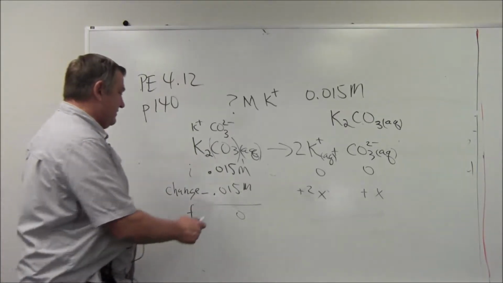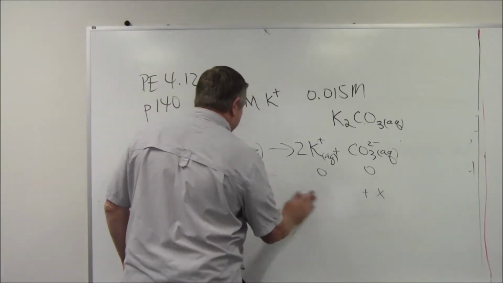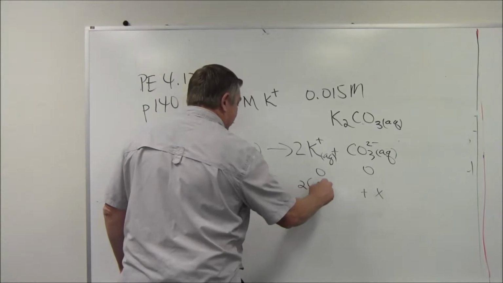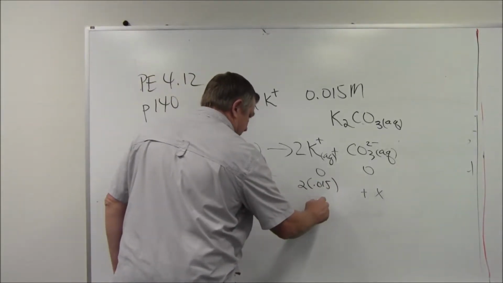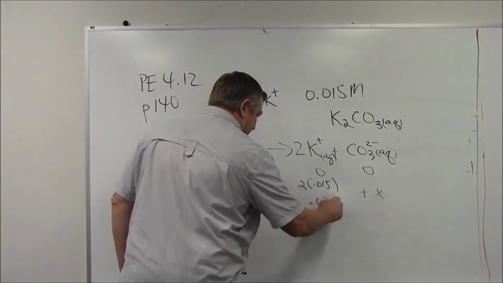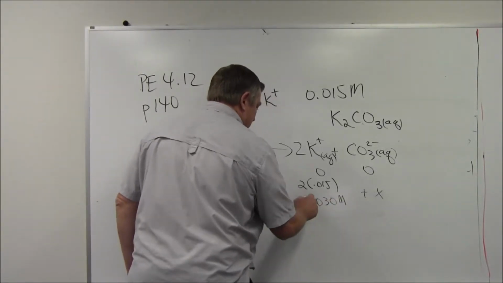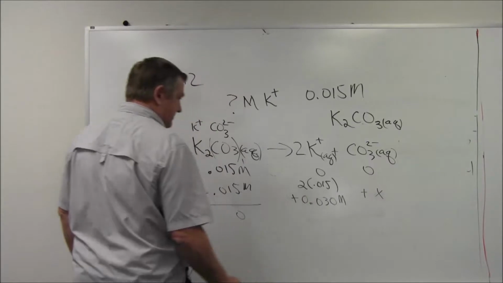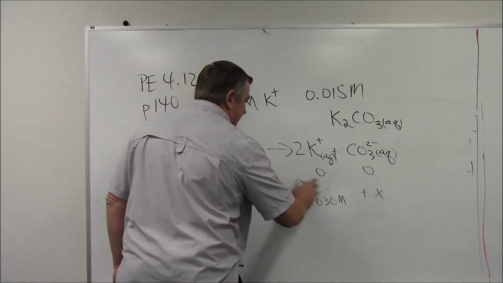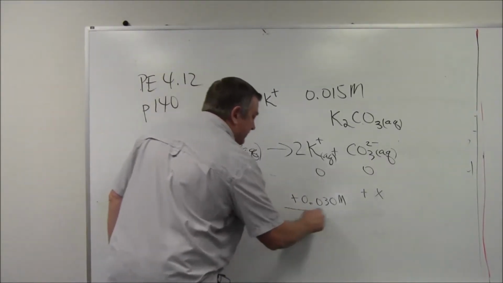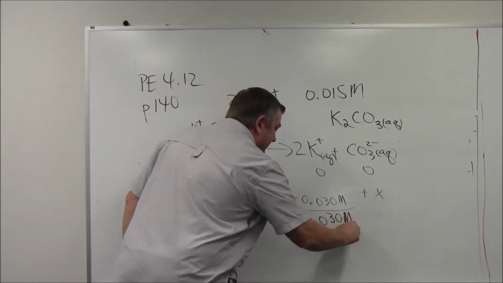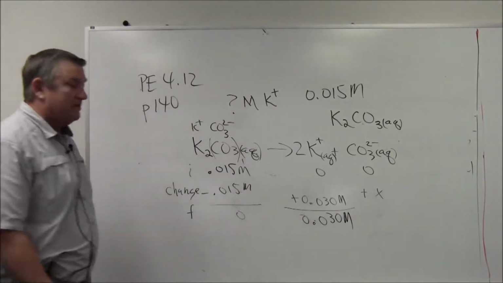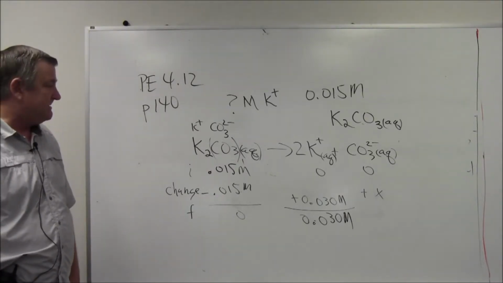And so here, this is our x, so this is going to be 2 times 0.015, which is 0.030 molar. See that's our change, and it's plus. So 0 plus 0.03 molar, our final concentration of potassium, is going to be 0.03 molar. See that?